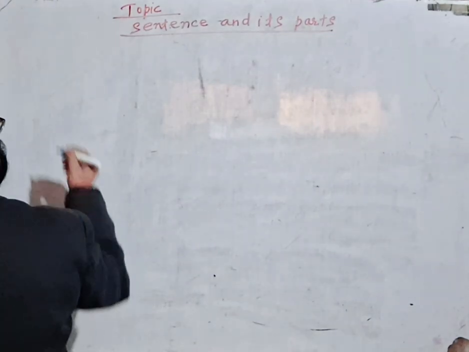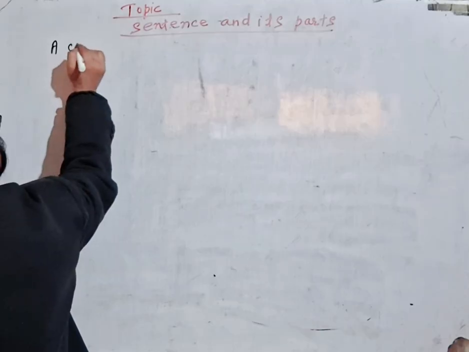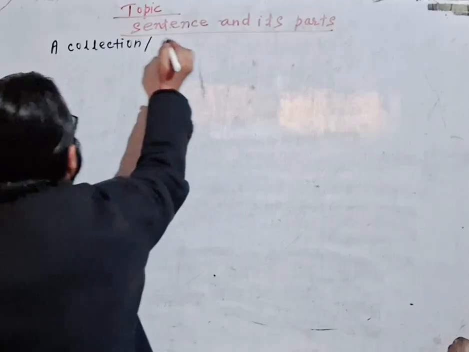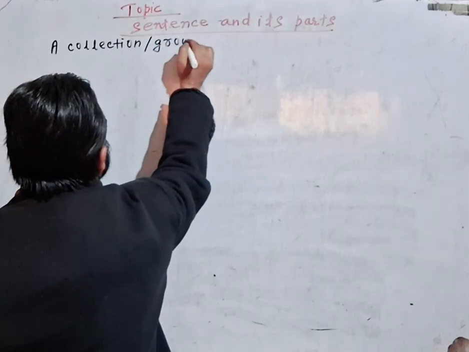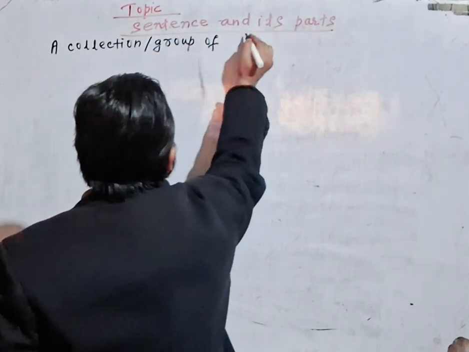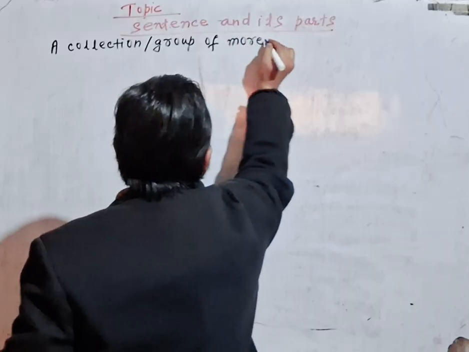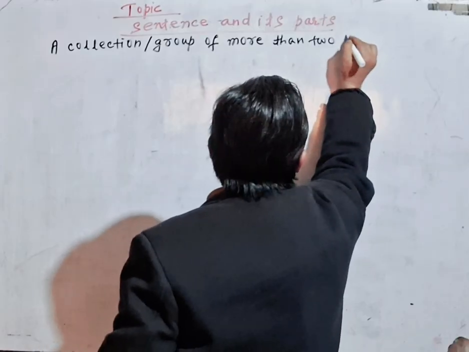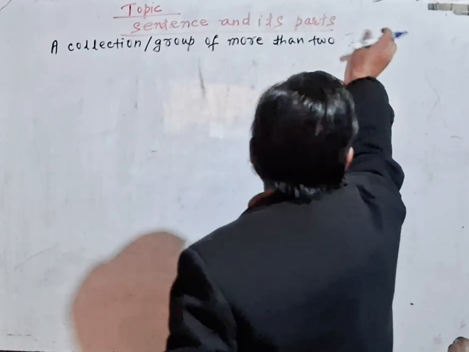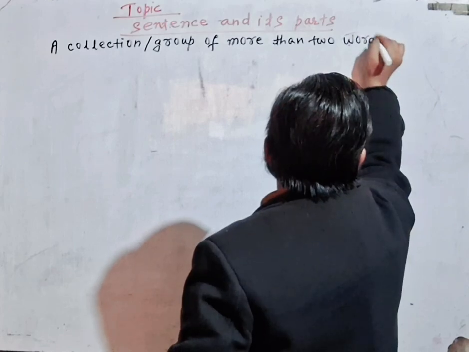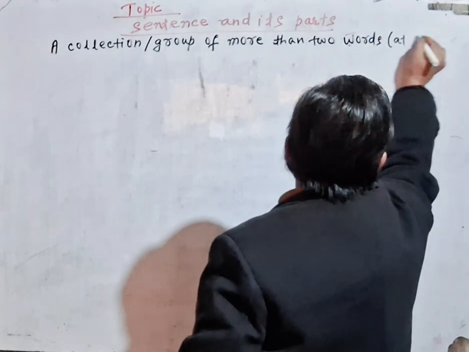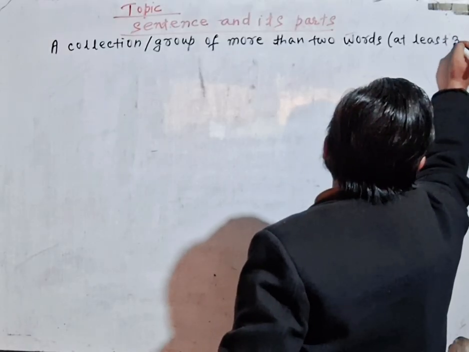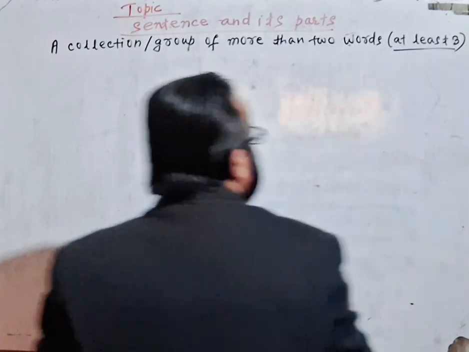The definition of a sentence is that a collection or group of more than two words, at least three, okay, at least how many?